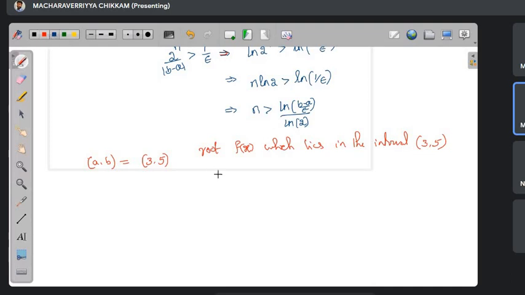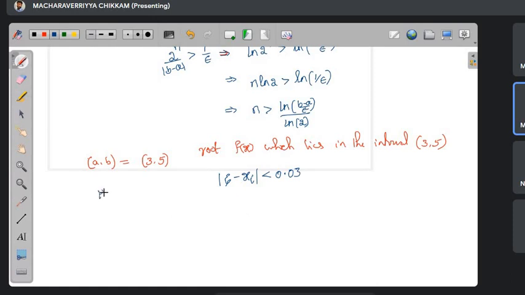Now, how many steps do we need to take in the bisection method so that the distance between the exact root and the approximated root is less than 0.03?